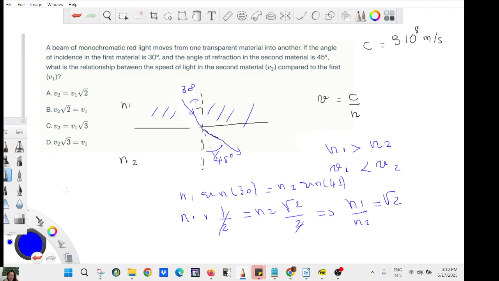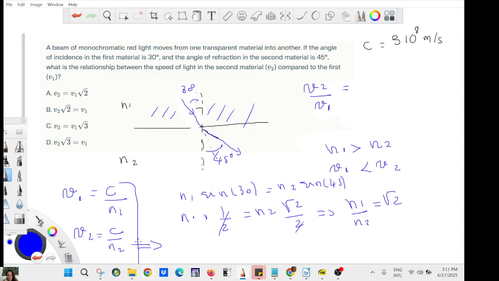And what else do we know? We know that the velocity v1 is c over n1, and v2 is c over n2. We want v2 compared to v1. So v2 over v1 equals c over n2, and when you divide, you multiply by the reciprocal, so it's n1 over n2.